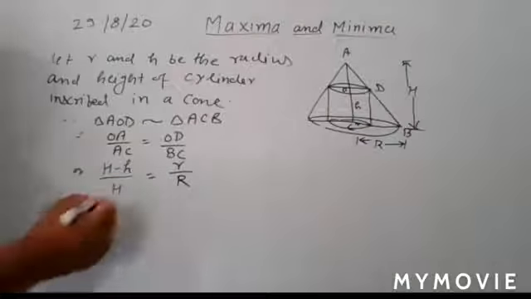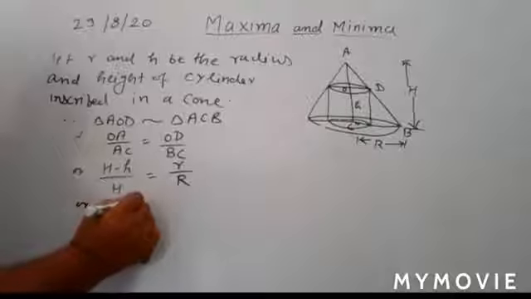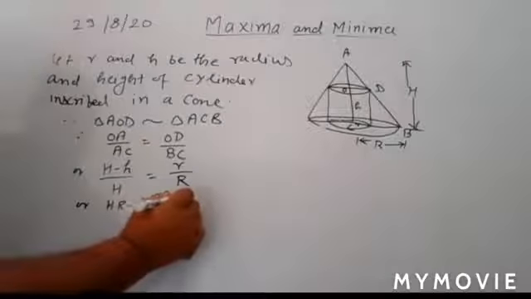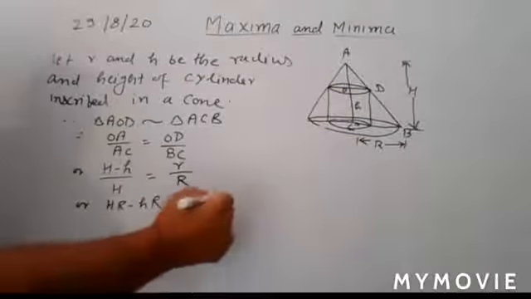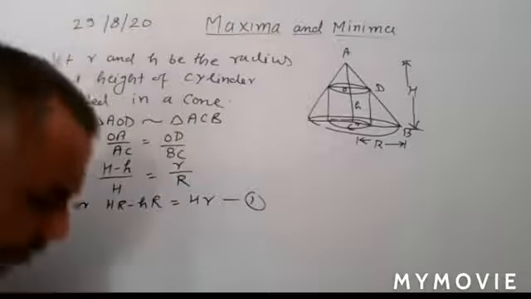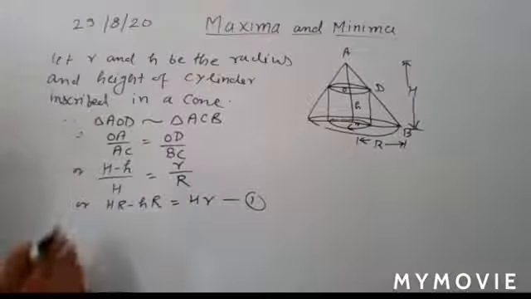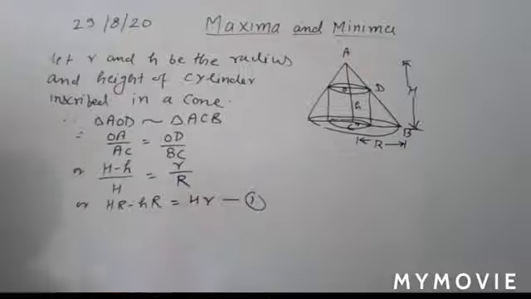Now taking cross multiply, so you have HR minus small h capital R is equal to H small r. And you write this as first equation. So as per need, you can eliminate the unknown quantity. Means either you eliminate small r or small h. Understand? So here you have a relation in first equation.